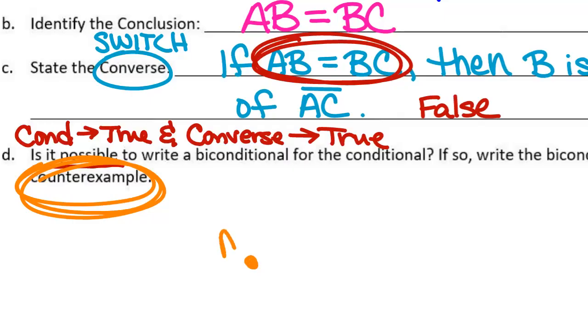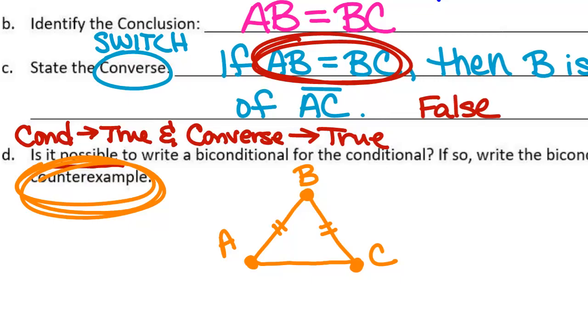What if I have a point A right here and a point B up here and a point C down here? AB and BC I'm marking as the same size so that they have equal measurements because I want this to be true. And then I'm going to connect the bottom.